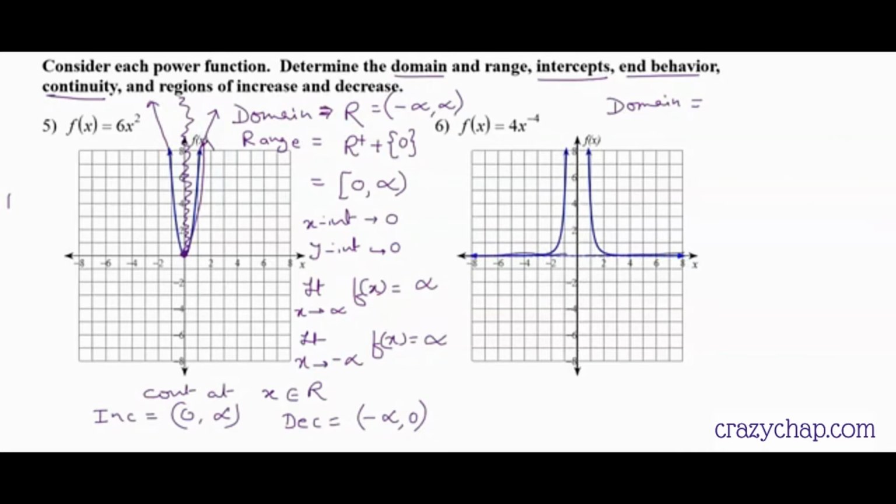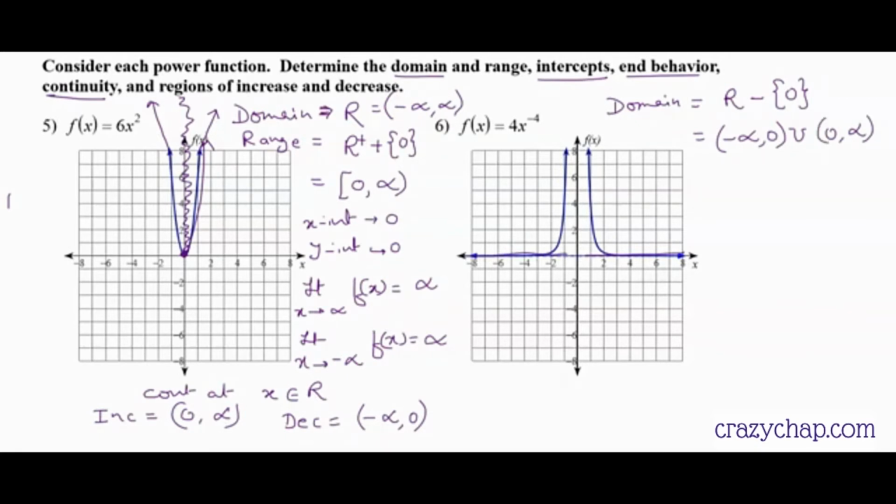So the domain is all real values except 0. You can write it like this, or you can write negative infinity to 0, with 0 open because the domain does not cover 0, and from 0 to infinity.